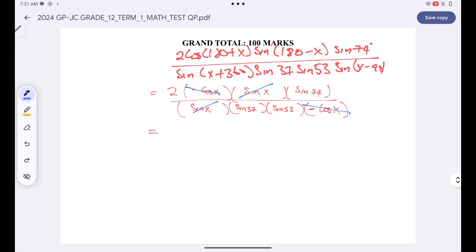So basically, we will be left with 2 sine 74 degrees all over sine 37 degrees and sine 53 degrees.